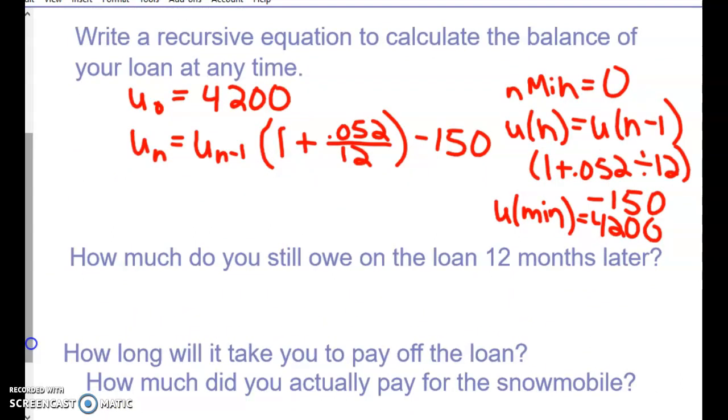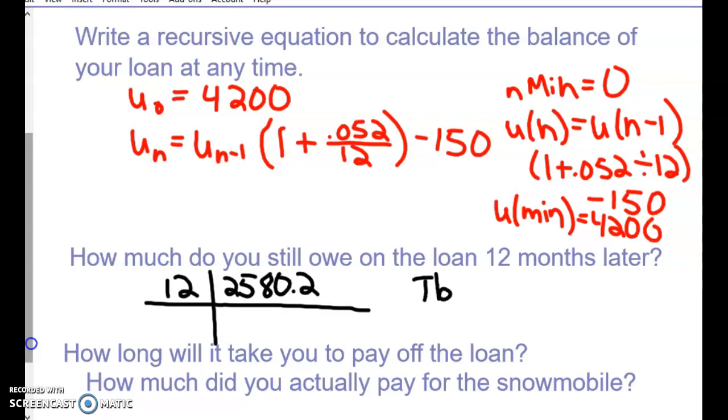Okay, so the question is, how much will you still owe on the loan 12 months later? So in your calculator, in your table, you're just going to go down to 12. It's going to say 2580.2. You can start the table at 12 if you want to jump from 1 to 12.